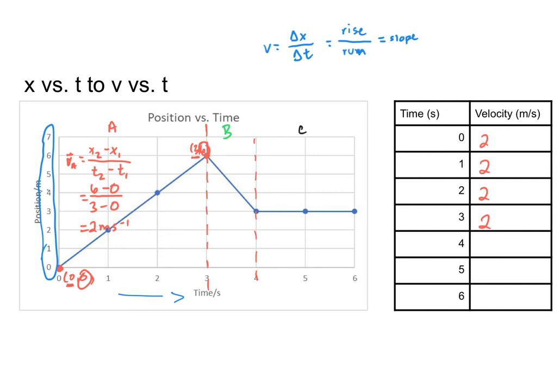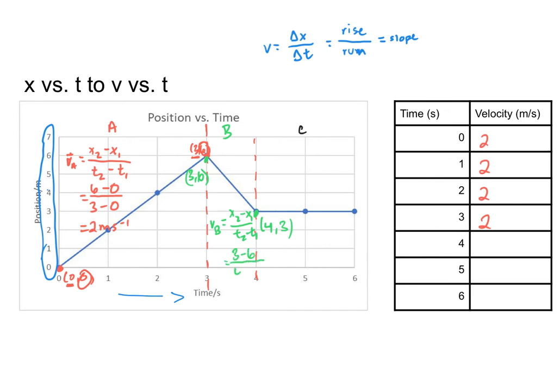Next, I'm going to look at the section from 3 to 4 seconds. VB is equal to x2 minus x1 over t2 minus t1. I'm going to use 3, 6 as my initial point, t1 and x1, and my final point is going to be here at 4, 3. So my final position is 3 and my initial position is 6.